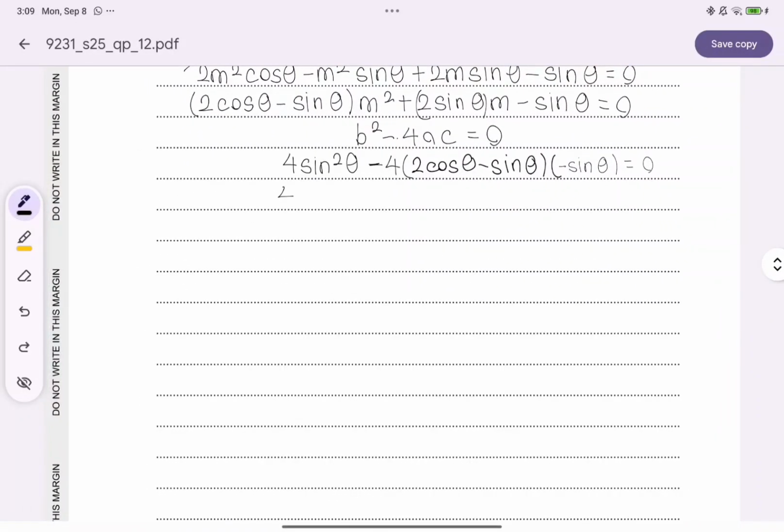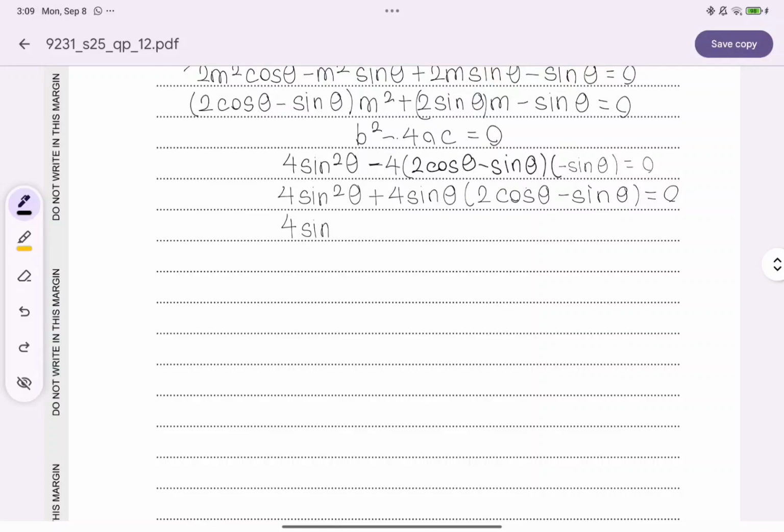Okay, let's simplify everything. Wait, no. Let's multiply minus 4 and minus sine theta together. So this would be plus 4 sine theta times 2 cosine theta minus sine theta equals to 0.